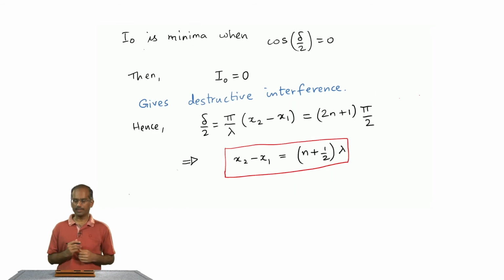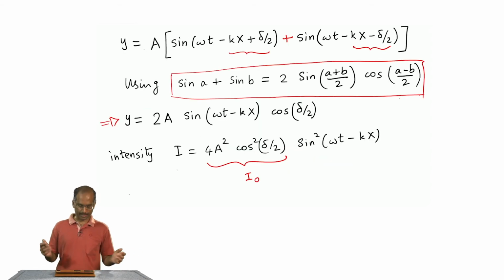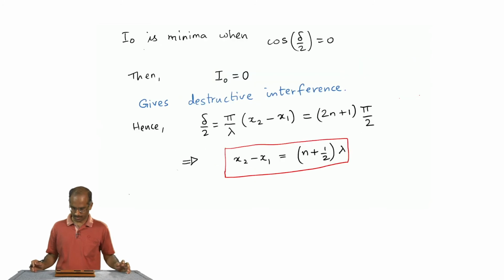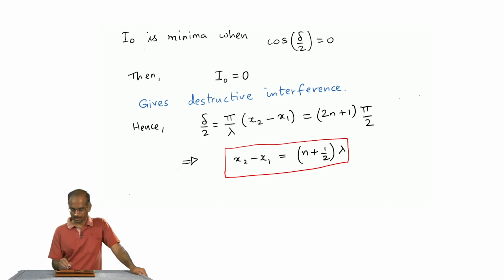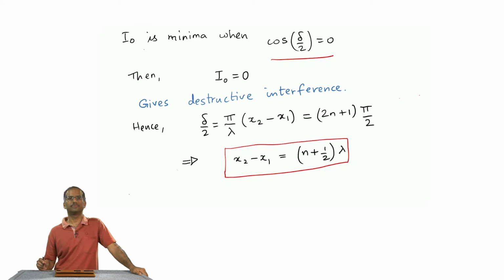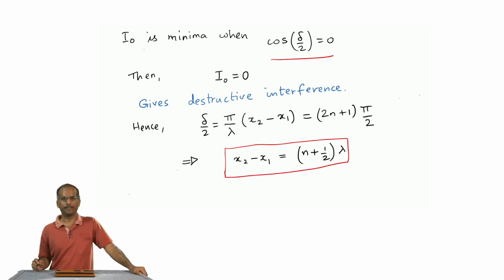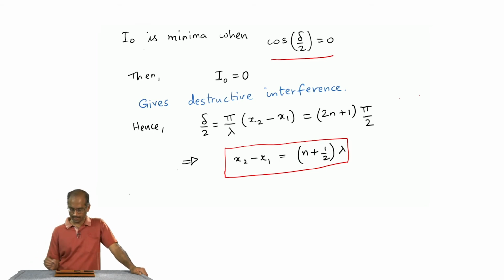So, I would be minima when cos delta by 2 is equal to 0. Of course, in that case I itself would be equal to 0. So, I will be 0 if cos delta by 2 is equal to 0, and this will give destructive interference, and the condition for cos delta by 2 to be equal to 0 is that delta by 2 should be equal to 2n plus 1 into pi by 2, where n is an integer.